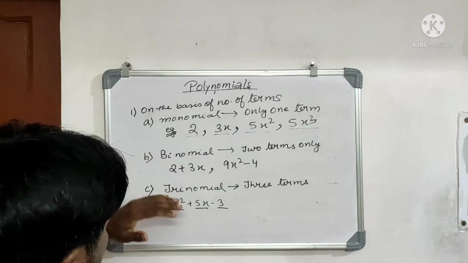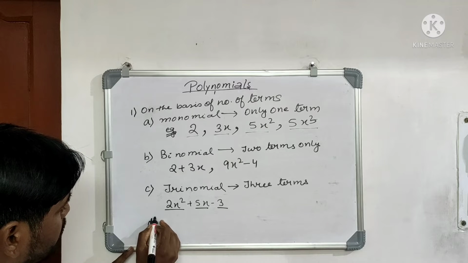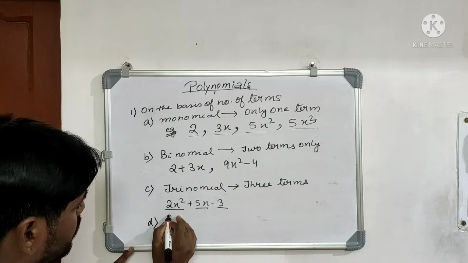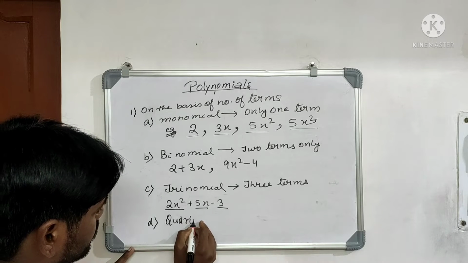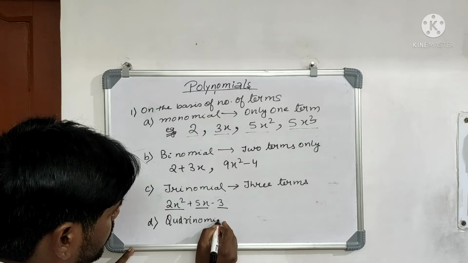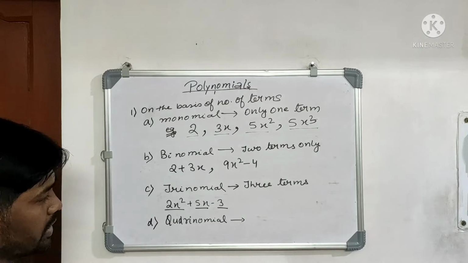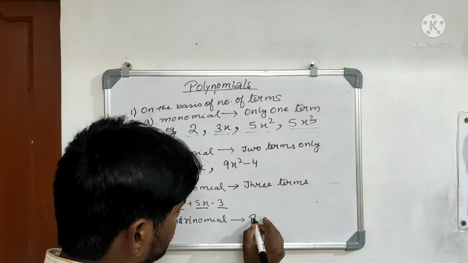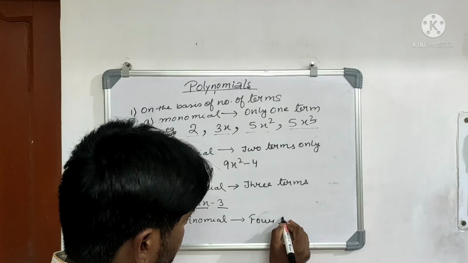Therefore these are the 3 basic classifications, and there is one more classification, known as quadrinomial. These are algebraic expressions which have 4 terms.